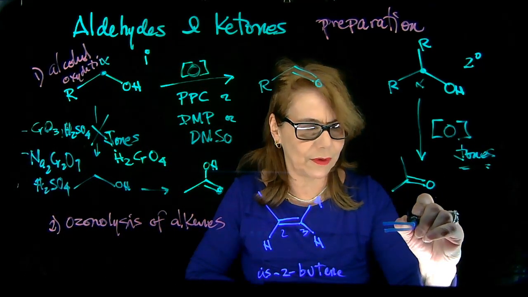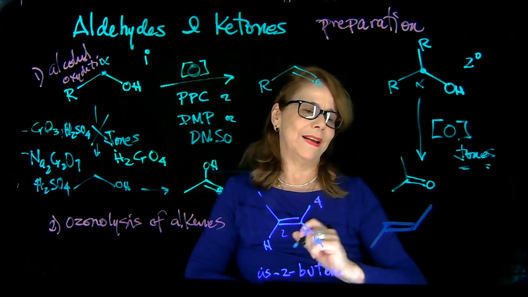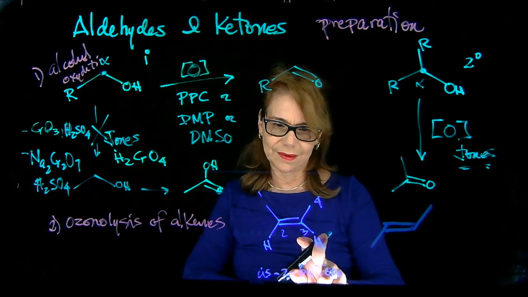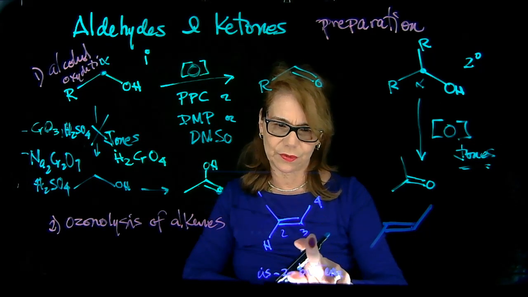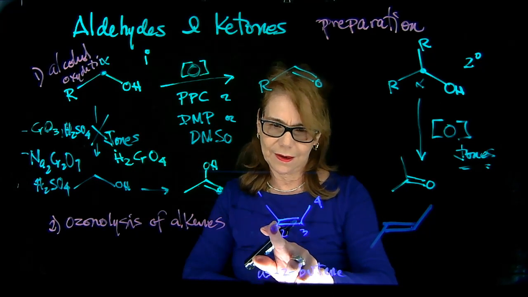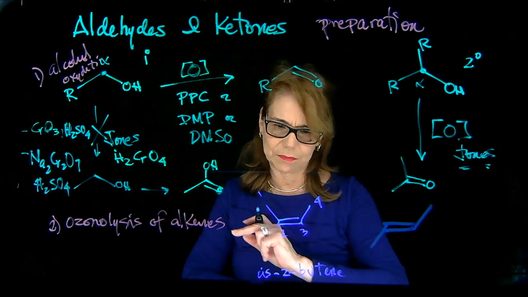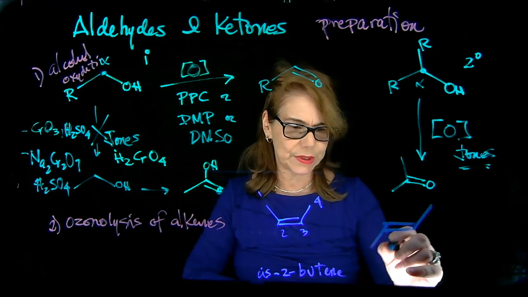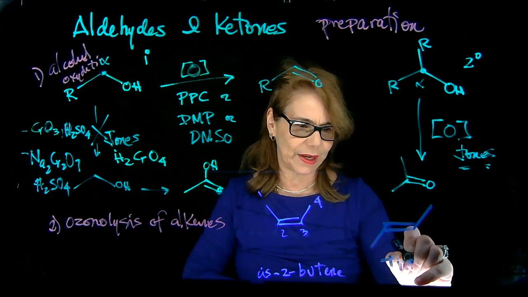Say that I have now this, and this is the trans-2-butene. Let's just remove the hydrogens. You always need to keep that in mind, but I don't want to draw the hydrogens so you see better. This is the cis-2-butene, and this is a trans-2-butene.